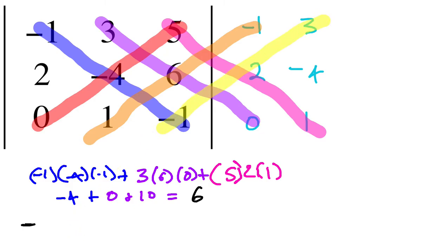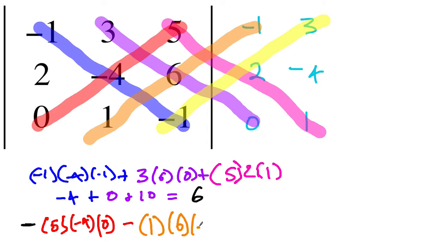I know this is starting to look kind of crazy, but let's go ahead and do it anyway. 5 times -4 times 0, and then you're going to subtract 1 times 6 times -1, and then you're going to subtract -1 times 2 times 3.